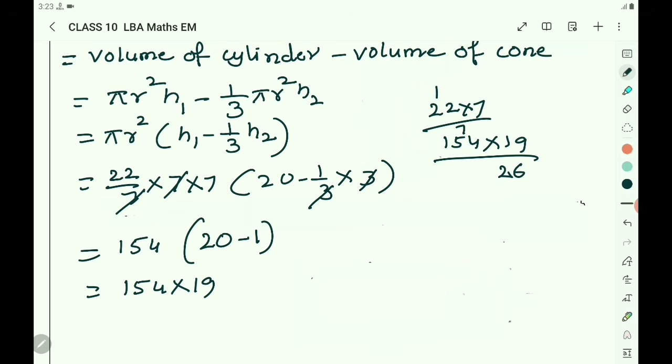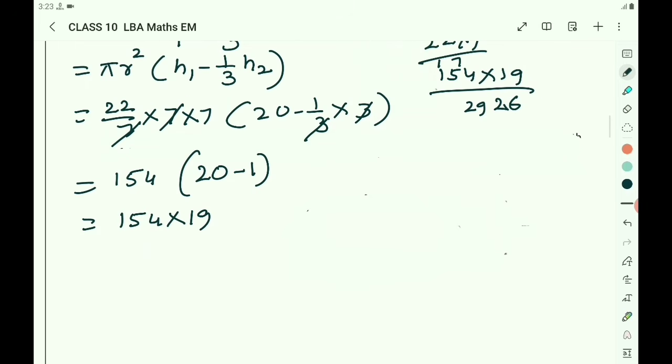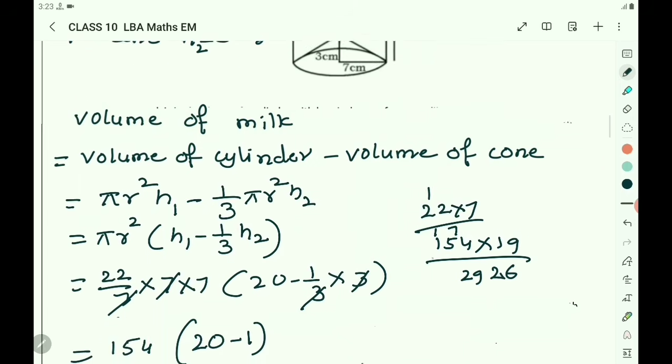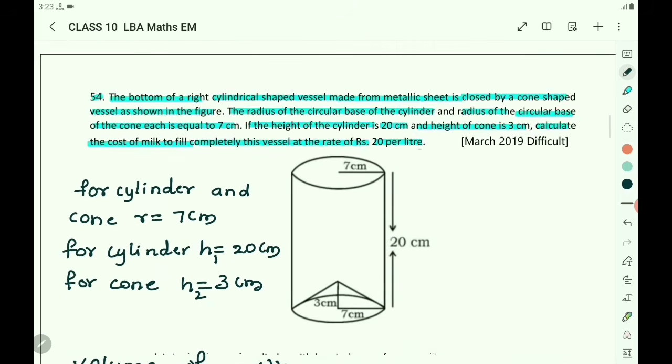Then 10 carry. 19 ones are 19 plus 10, 29. You got 2926 cm cube. But the rate is in liters.